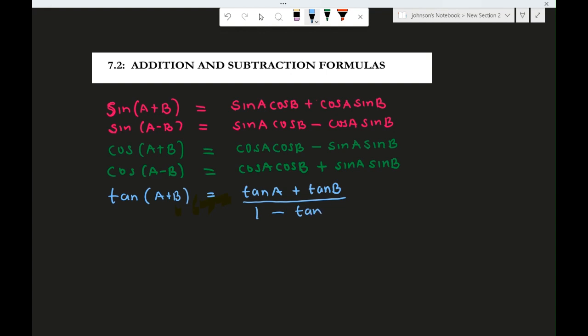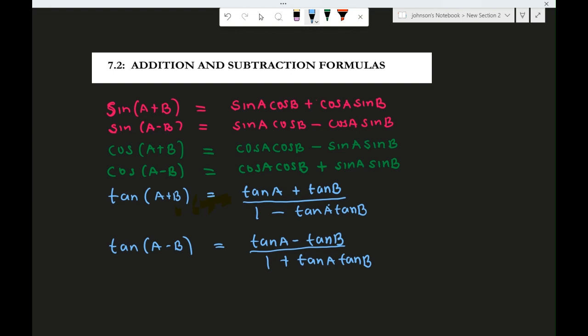So 1 minus tan A tan B. Then we have tan A minus B, which is nothing but tan A minus tan B, but now you divide by 1 plus tan A tan B.